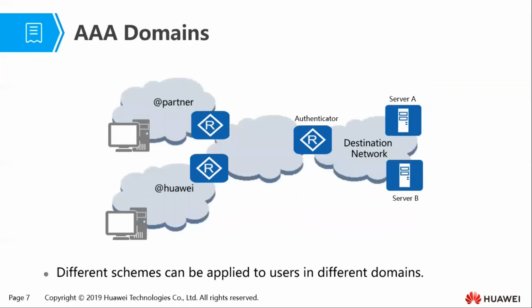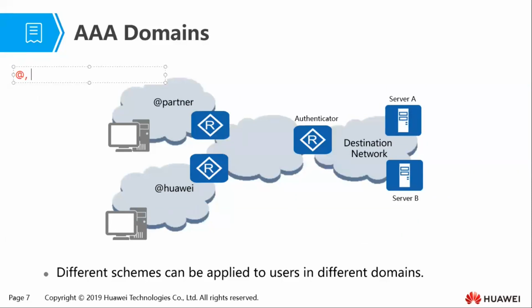So let's now talk about domains. Domains are used to create different groups so that we can apply the AAA schemes to a group rather than to individuals. So that is what domains are actually used for. Now, generally, a domain is usually created using one of these character suffixes.